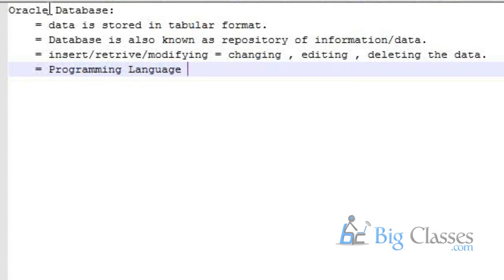The well-suited programming language here is SQL. If we expand that, it is Structured Query Language. So we are going to explore this SQL, Structured Query Language.